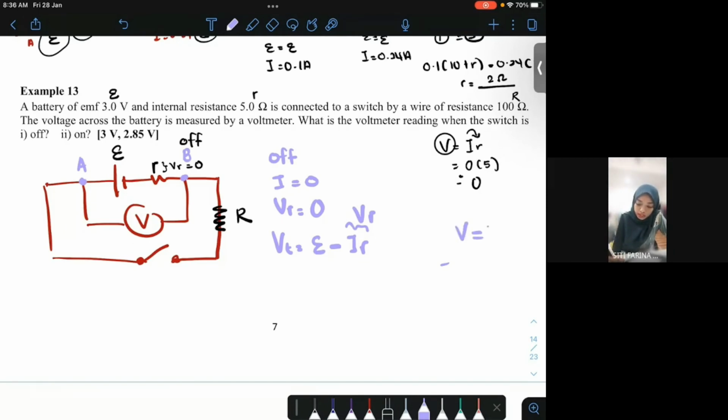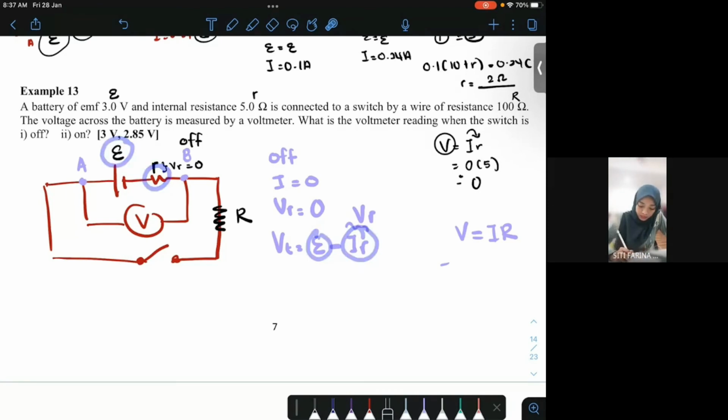Sebab Ohm's law cakap V sama dengan IR. V terminal untuk dia lalu resistance yang besar ni. So current darab dengan internal resistance. EMF total, IR potential drop across the internal resistance.